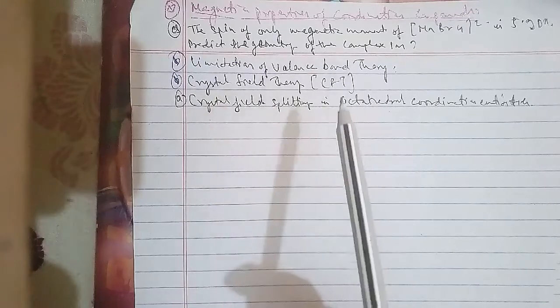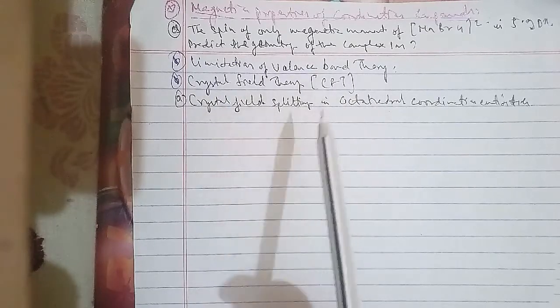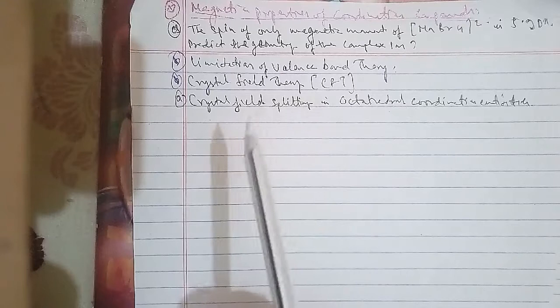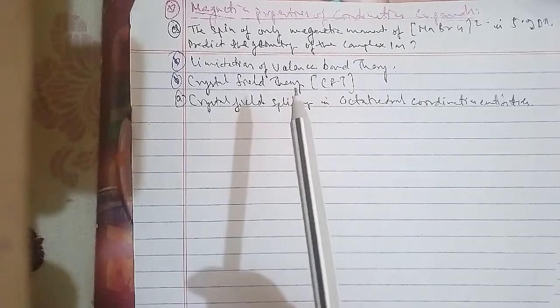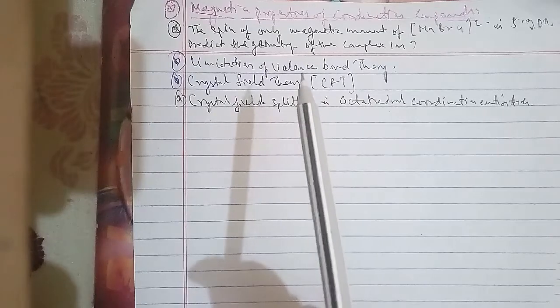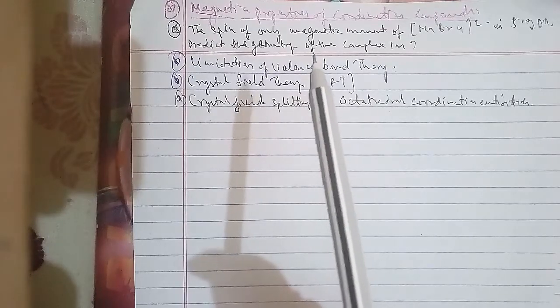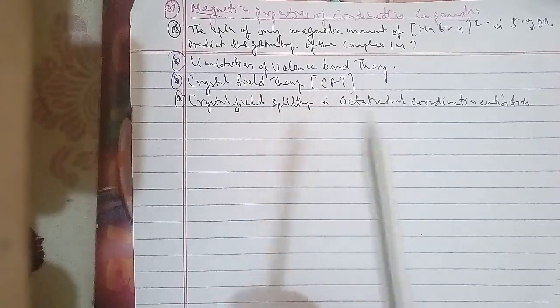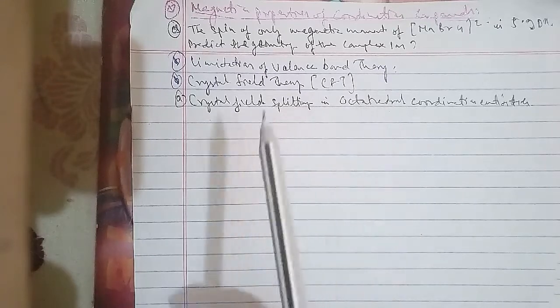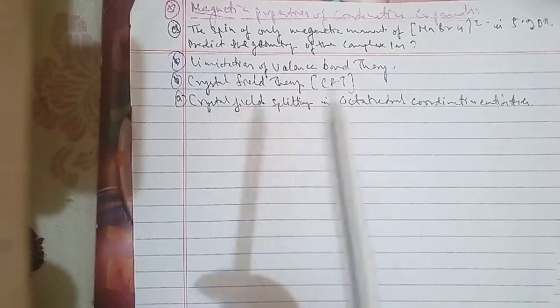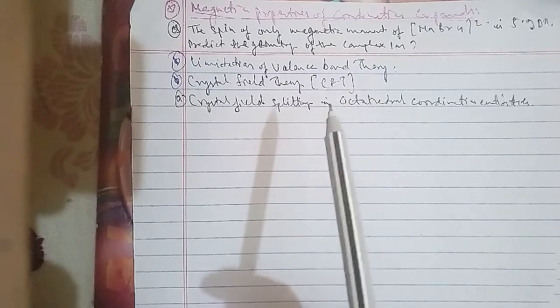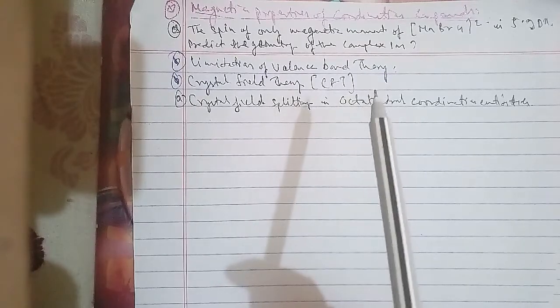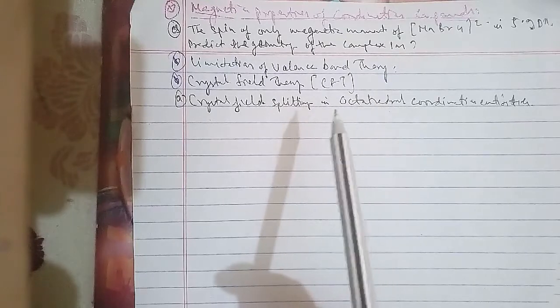Thus the dx2-y2 and dz2 orbitals, which point towards the axes along the directions of the ligands, will experience more repulsion and will be raised in energy, and the dxy, dyz and dxz orbitals, which are directed between the axes, will be lowered in energy relative to the average energy in the spherical crystal field.